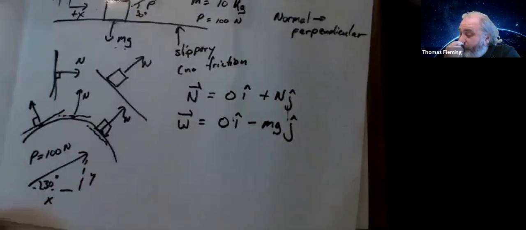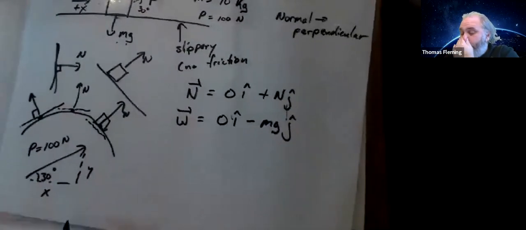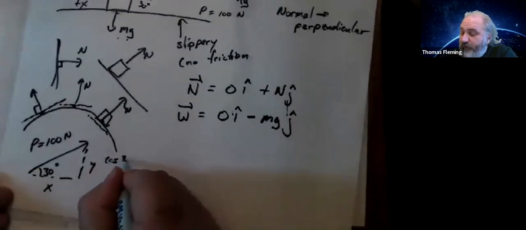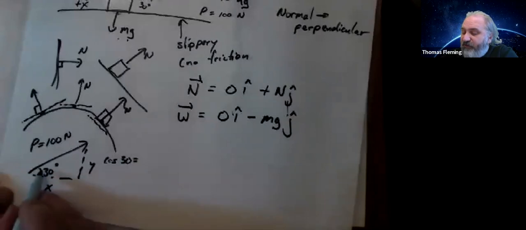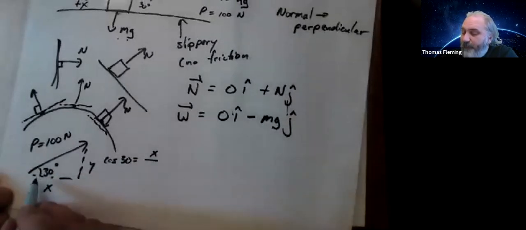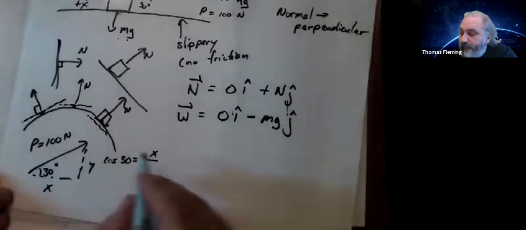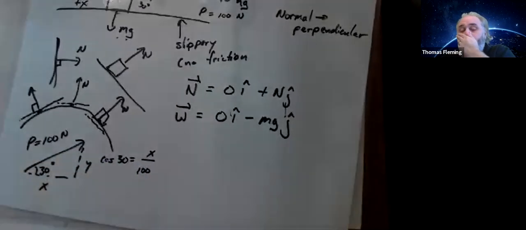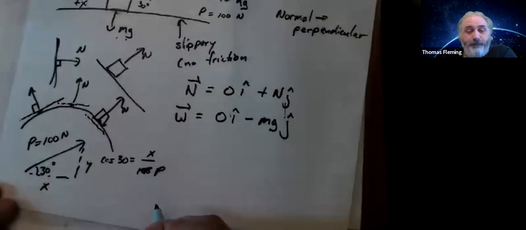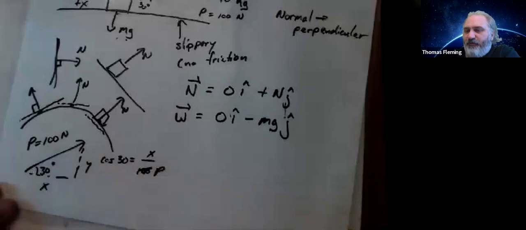And so to figure out the x component, I would use the cosine. I know that the cosine of 30 degrees should be the adjacent side, which is whatever the x component is, divided by the hypotenuse, which is 100, or let's just call it P, where P is equal to 100. I'll plug the numbers in later.